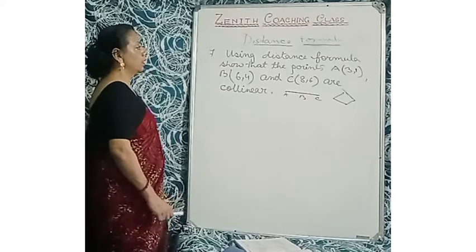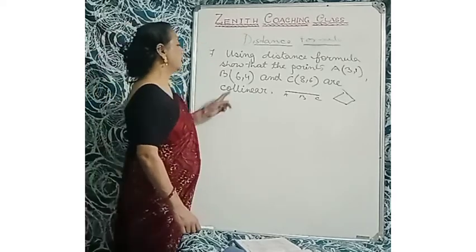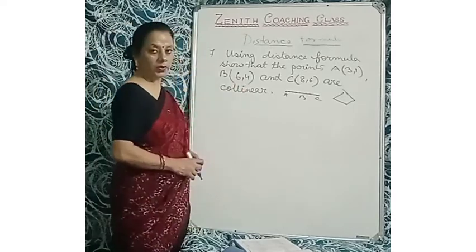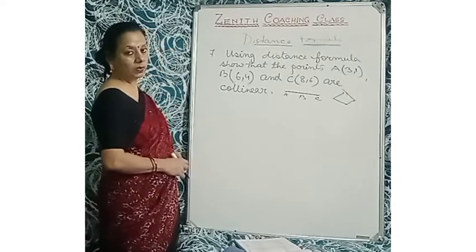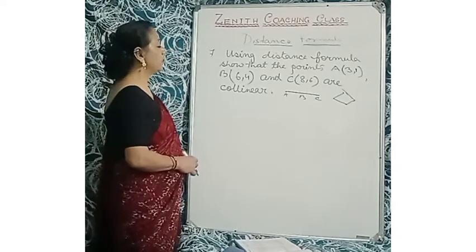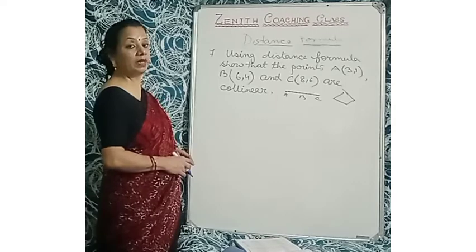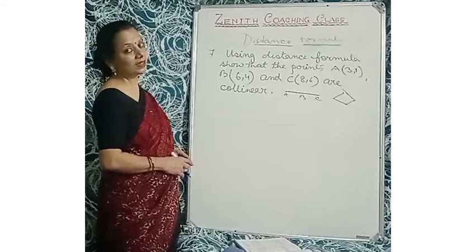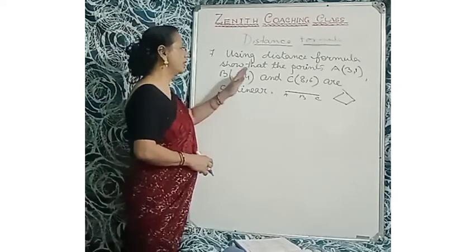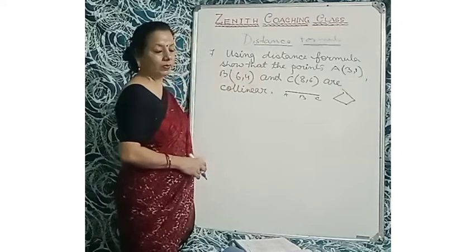So you have to show that A, B, C are collinear points by using distance formula. We can prove it by the section formula, but I'll teach you in the next class, that is class 10. Now you will learn by using distance formula.